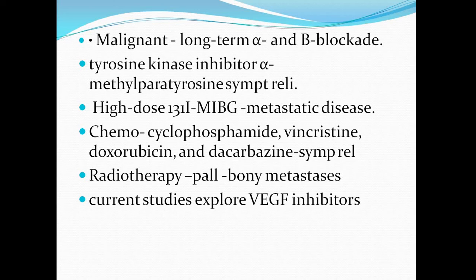So prior to doing that, you need to do the I-123 MIBG scan, which I've already told you before. And some of the malignant tumors are treated with chemotherapy, including cyclophosphamide, vincristine, doxorubicin, dacarbazine. These are all for symptomatic relief. Radiotherapy, finally, if you have bone mets, which are rare, but it's given as palliation. And there is some ongoing research on VEGF inhibitors, which is left up to you.